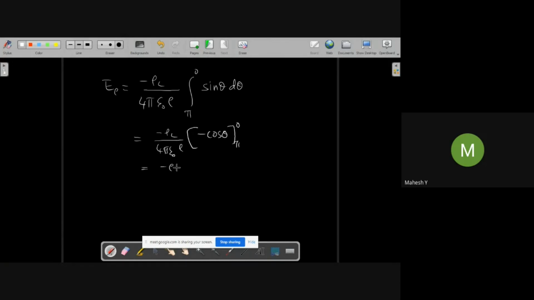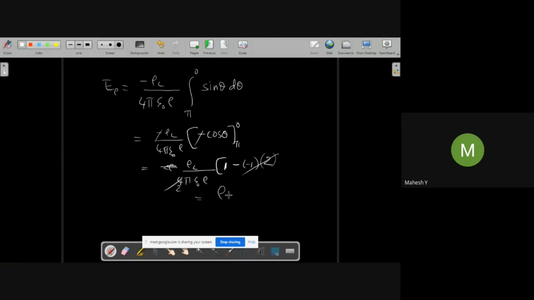So minus I can cancel. So rho L by 4 pi epsilon 0. What is cos 0? 1. Minus, what is cos pi? Minus 1. So 1 minus minus 1 will be 2, which cancels 4 by 2 times.